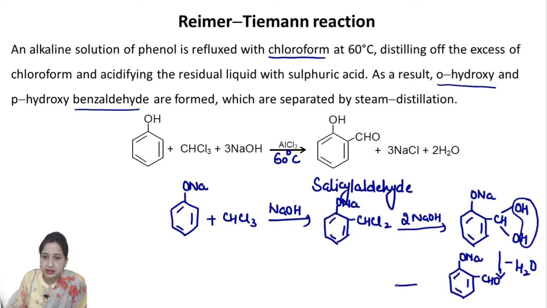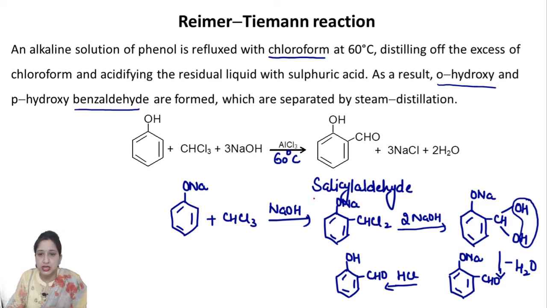On further treatment with acid, which can be HCl or sulfuric acid, finally we get this product orthohydroxybenzaldehyde, also known as salicylaldehyde. Clear, beta?